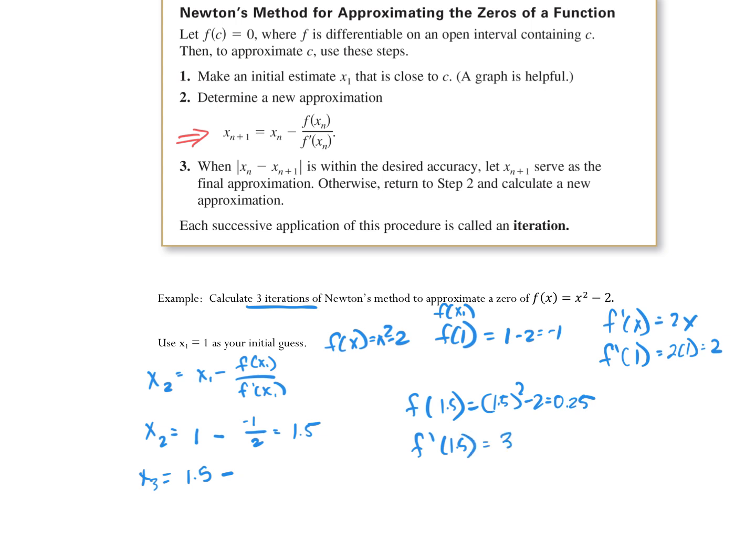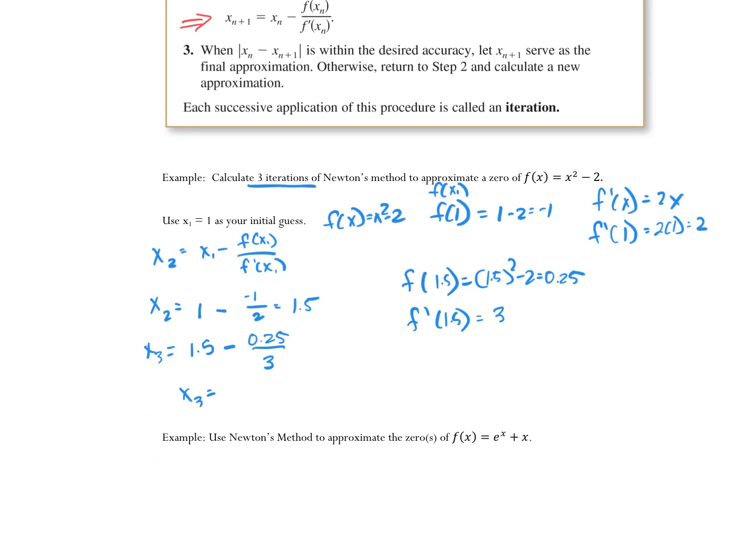So now I do 1.5 minus 0.25 over 3, and if you throw that into a calculator, that works out to be 1.4167. So that is, if I'm doing 3 iterations, my approximation for when this function equals 0.